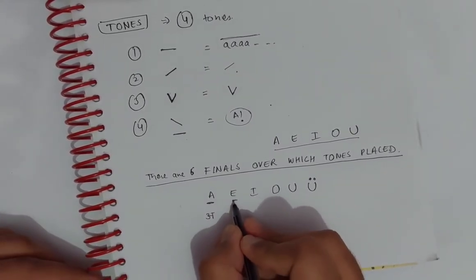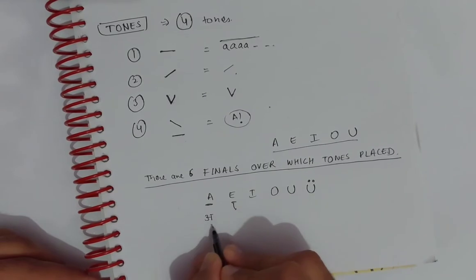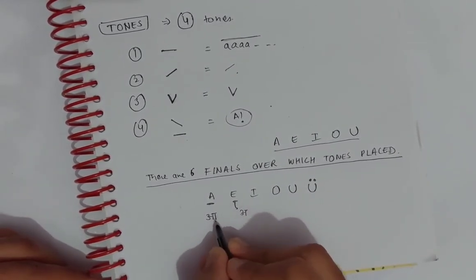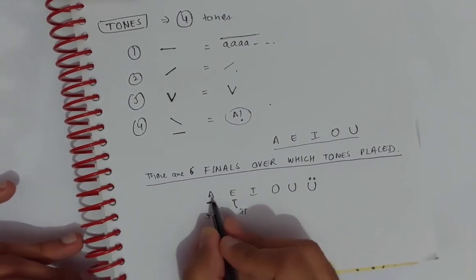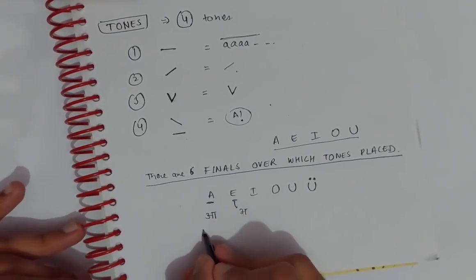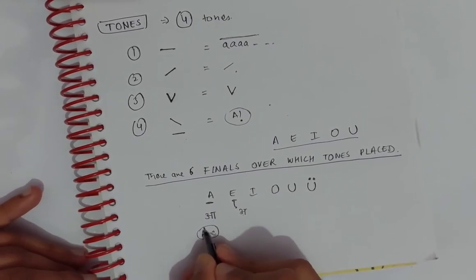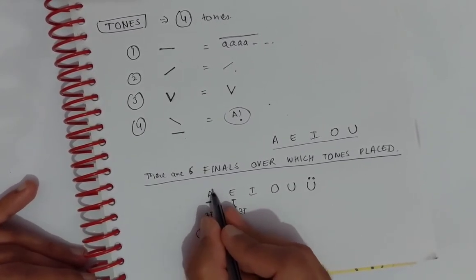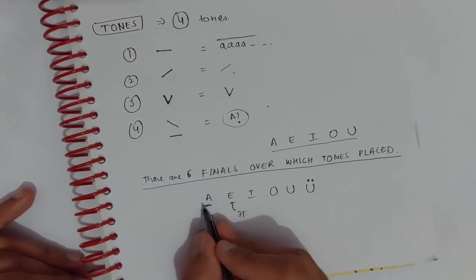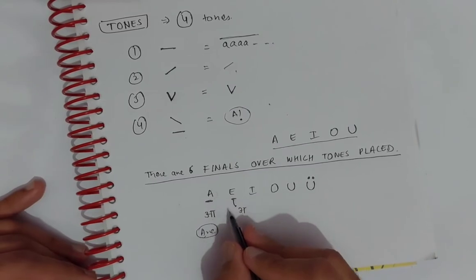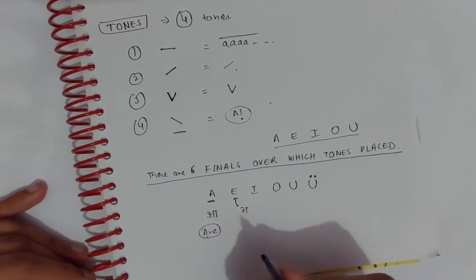And e, we pronounce it like this. The a is pronounced in Chinese like the r sound.